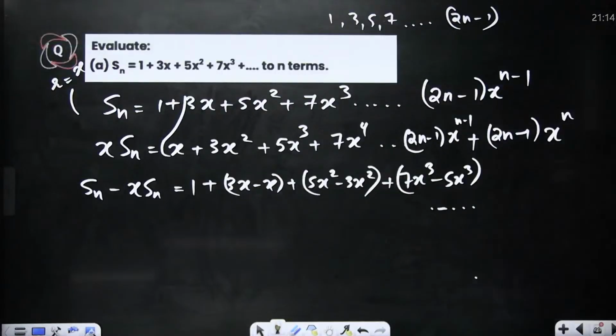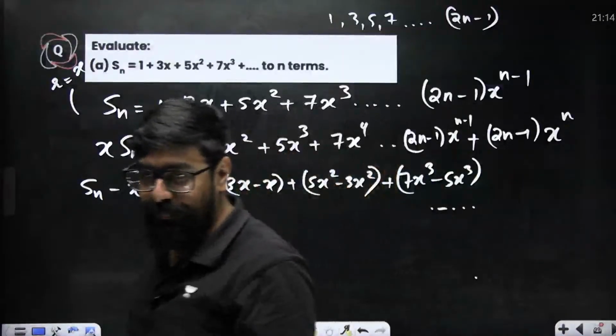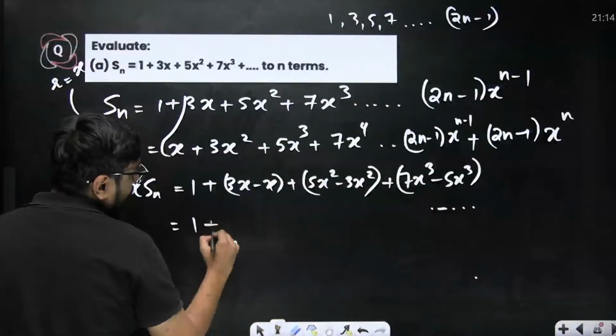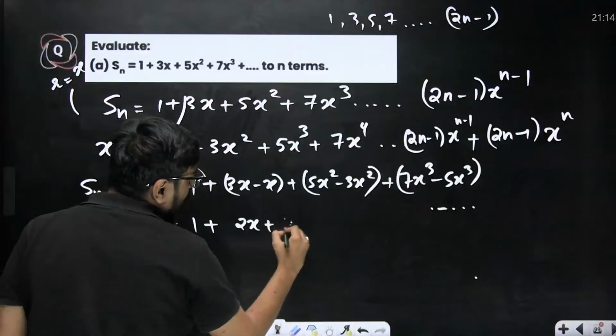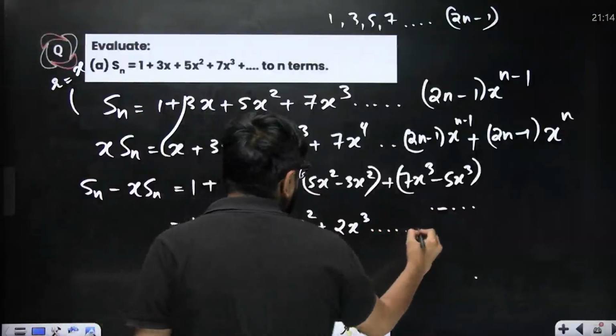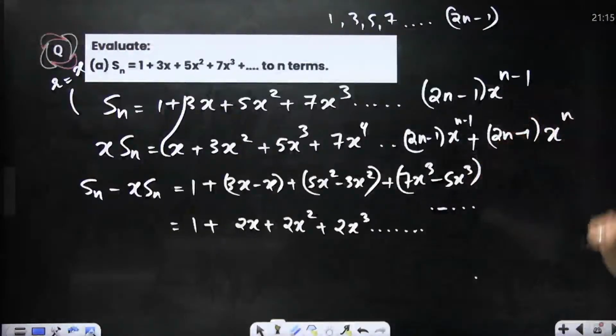How are we getting it? Right? This just got shifted, nothing else. So we are going to get 1 plus 2x plus 2x square plus 2x cube. Like this is going to go. What about the last term? Think about it.